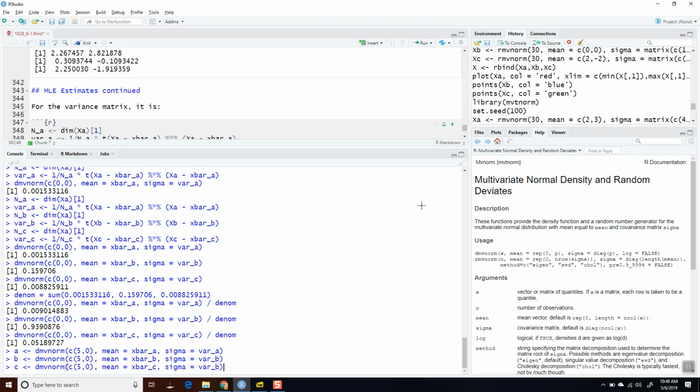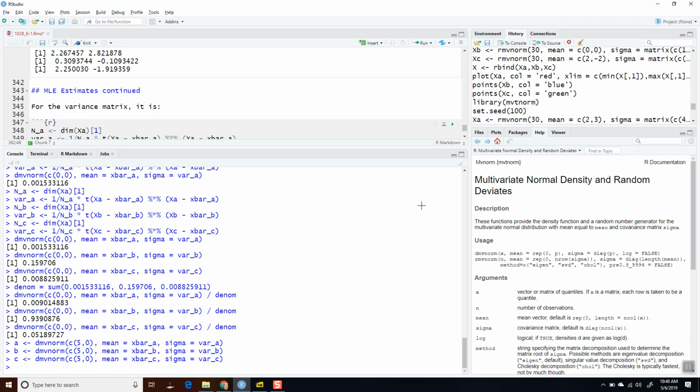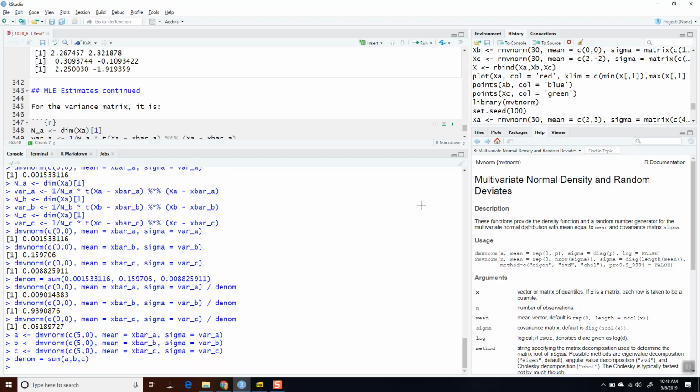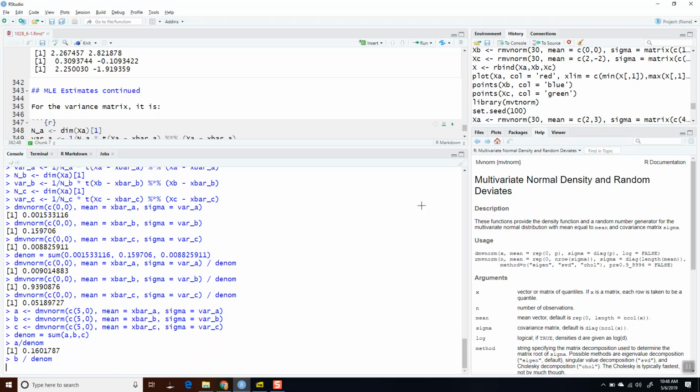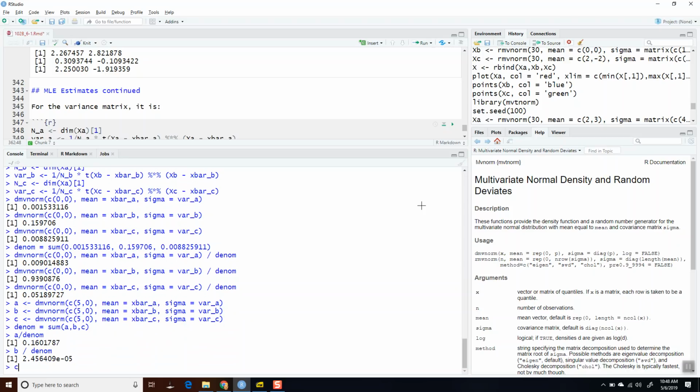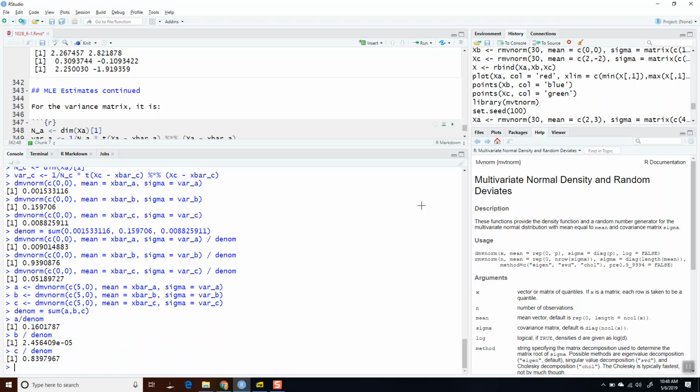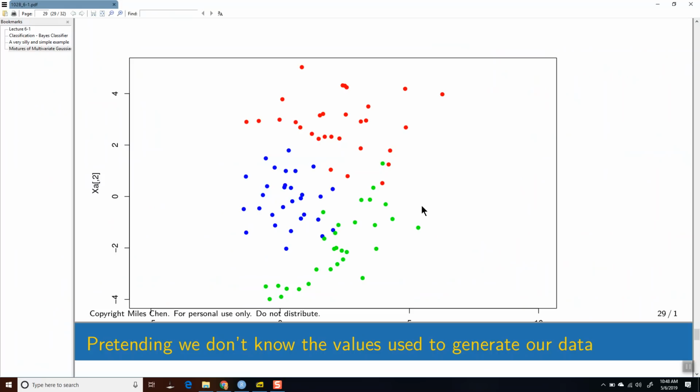All right. So it's nice that R has this multivariate normal density function for calculating this, and the denominator is going to be the sum of A, B, and C. The probability that it comes from class A is going to be about 16%. The probability that it comes from class B is very small, and the probability that it comes from class C, the green one, is around 84%, which matches our intuition.